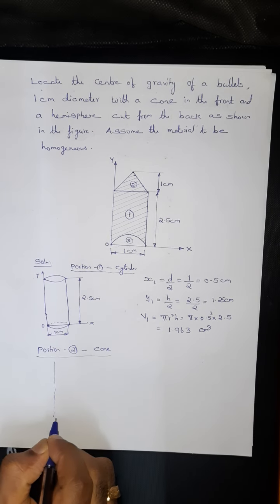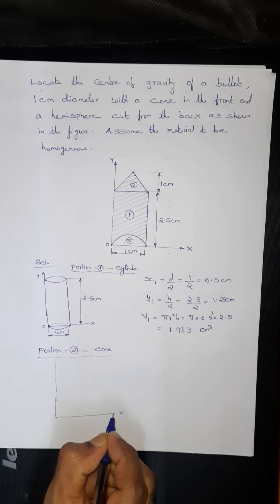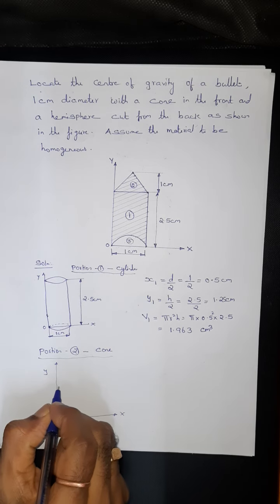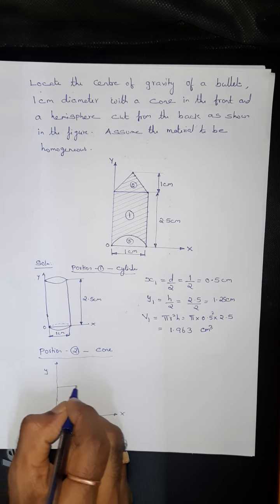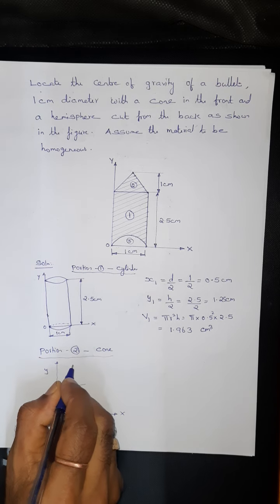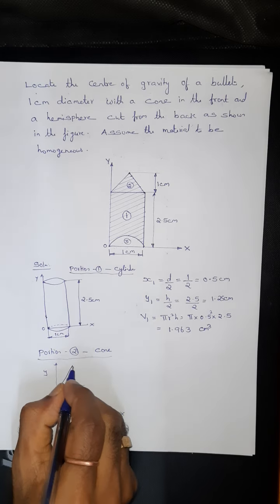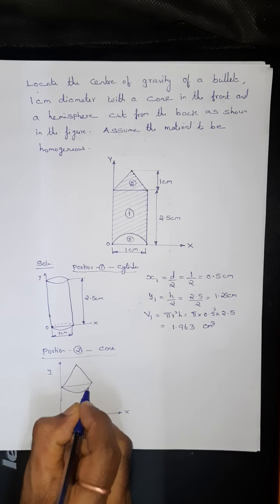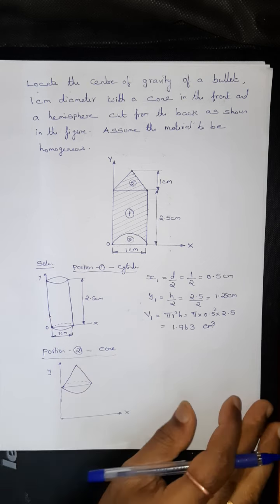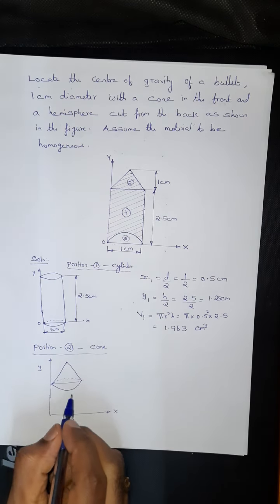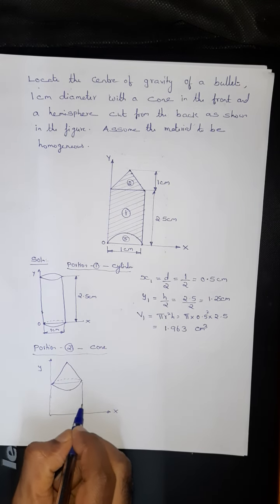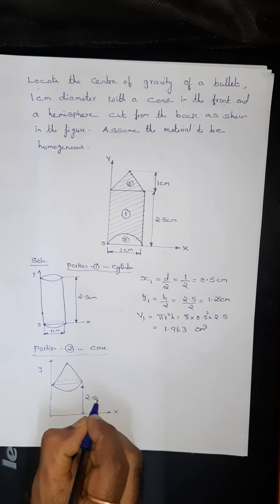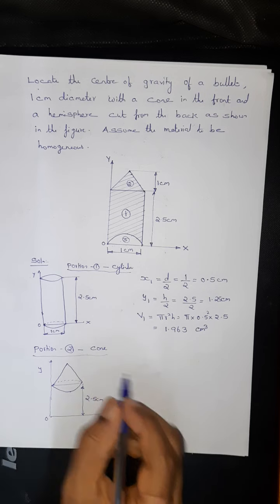This is the y-axis and this is the x-axis. The cone is located somewhere away from the x-axis. How far is it? It is 2.5 centimeter from the x-axis.